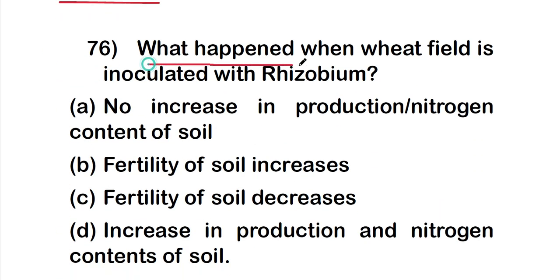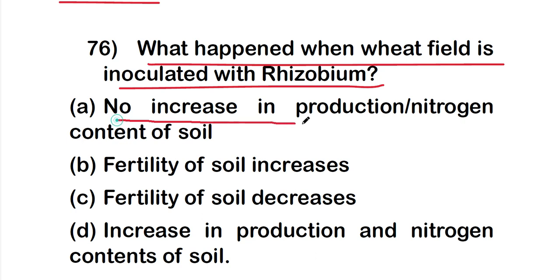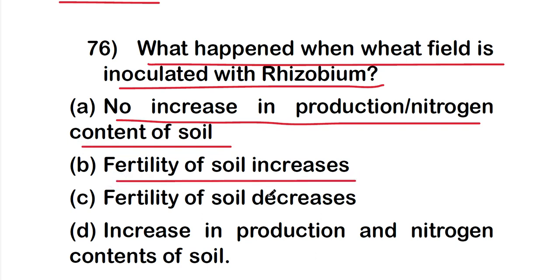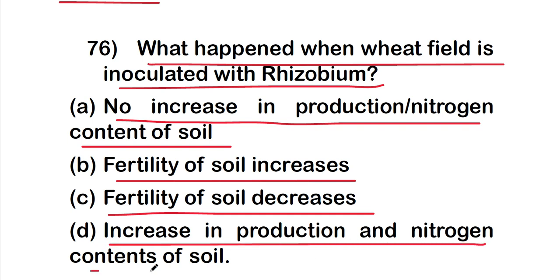That is, what happens when a wheat field is inoculated with rhizobium? Option A no increase in production or nitrogen content of soil, or option B fertility of soil increases, option C fertility of soil decreases, or option D increase in production and nitrogen content of soil.